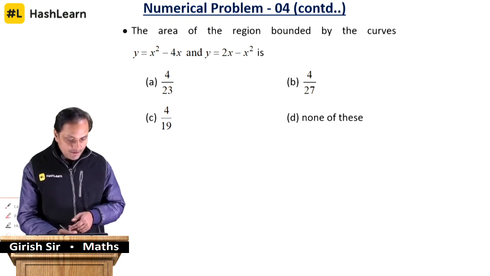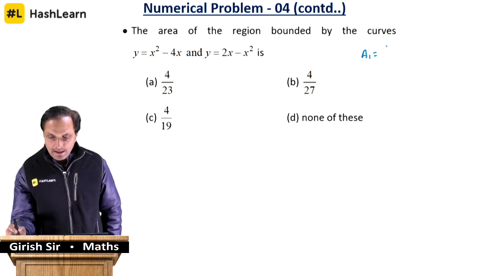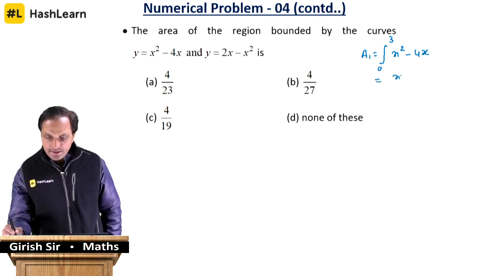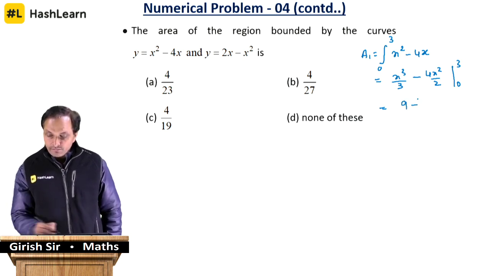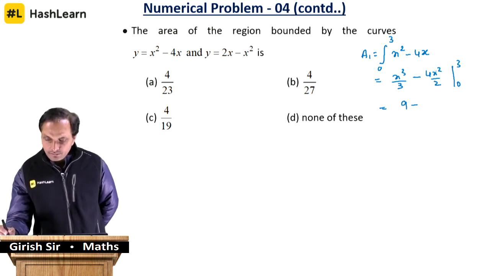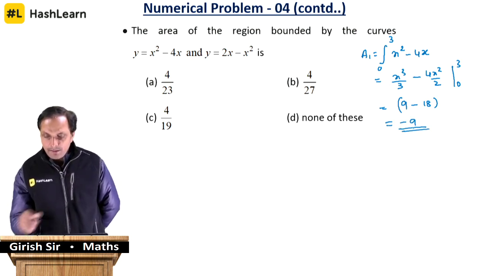If I take the limits for area number 1, I'll take 0 to plus 3, that is x square minus 4x, integrate it, x cube by 3 minus 2x square by 2, upper limit, 0 to 3 you put, that will give you 3 3s are 9, minus 9 2s are 18, that will give you minus 9, hold on, keep it as it is.